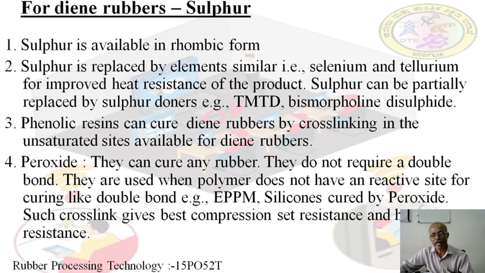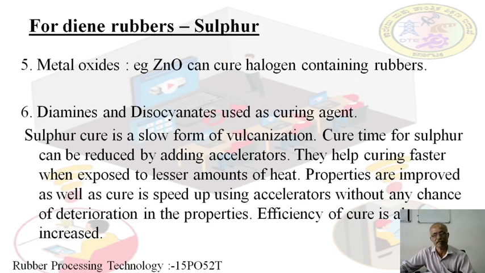So it is EPDM, not EPPM, ethylene propylene diene monomer. Silicones are cured by peroxide. For silicone, an example is dicumyl peroxide, which we call DCP. Dicumyl peroxide is generally used to cure silicone rubbers. Such cross-links give the best compression set resistance and heat resistance.